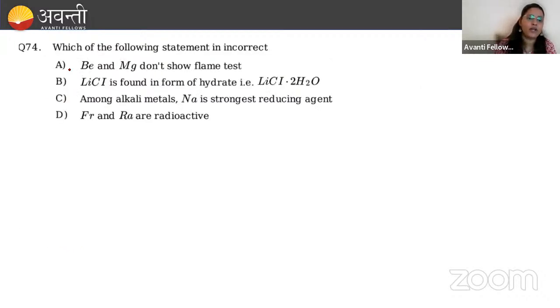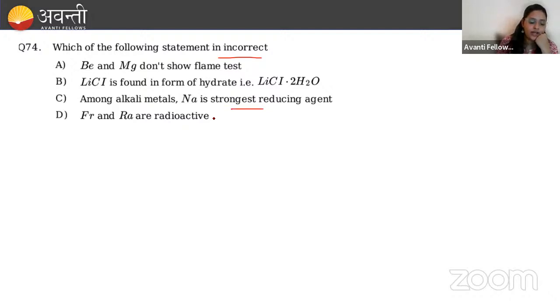Next, which of the following statements is incorrect? There are 4 statements given to us, and we need to find the incorrect statement, not the correct one. Beryllium and magnesium don't show flame test. LiCl is found in the form of hydrate like LiCl.2H2O. Among alkali metals, sodium is the strongest reducing agent. Francium and radium are radioactive. This is true.